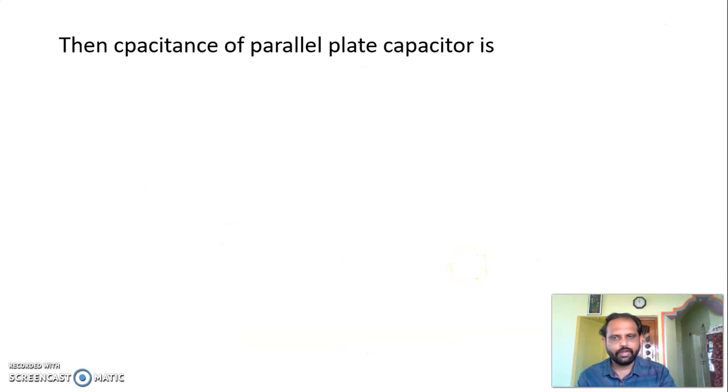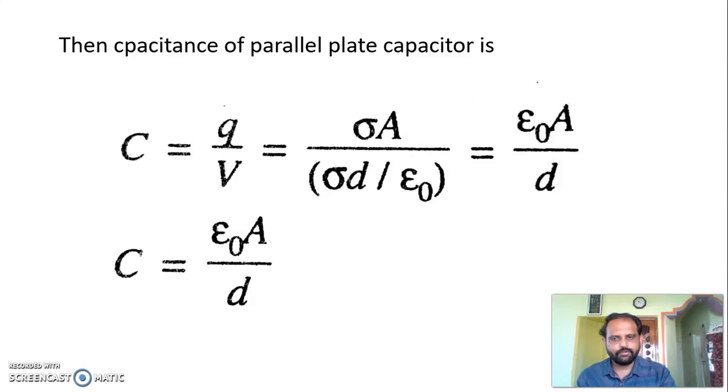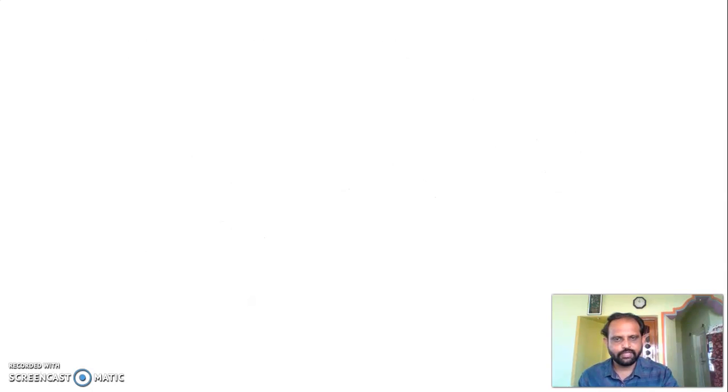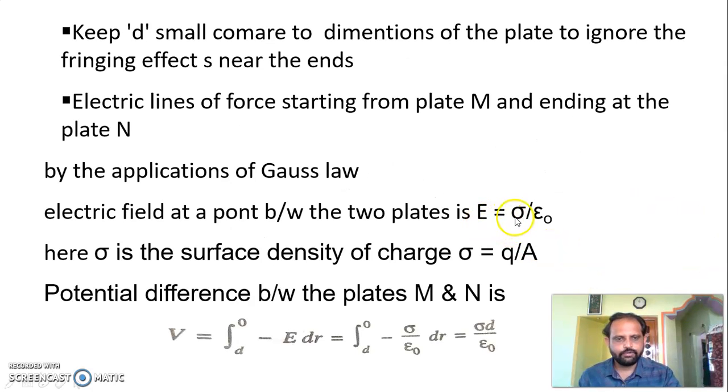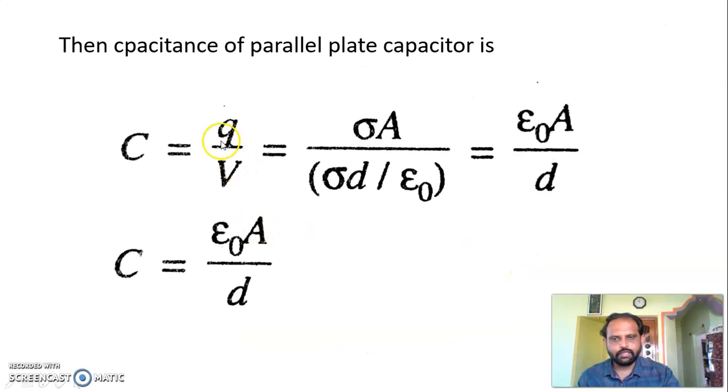Now we calculate the capacitance of the parallel plate capacitor. As per definition, the capacitance is the ratio of the charge to the potential difference. The charge Q is equal to sigma A, because sigma is equal to Q divided by A. So C is equal to sigma A divided by V, which is sigma d divided by epsilon naught.